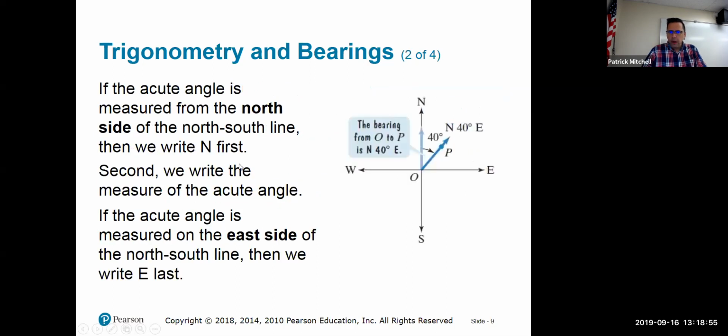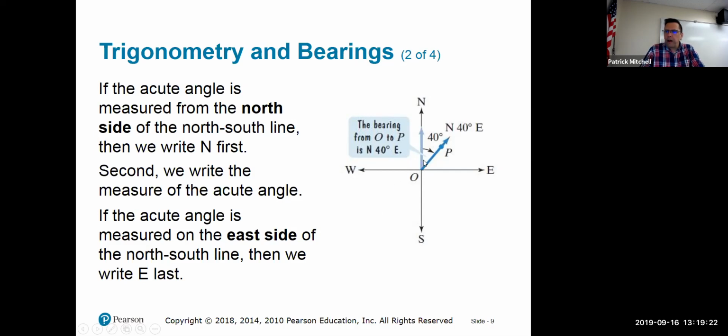Let's say we're trying to find the bearing from point O to point P. The way bearings work is you start by writing a direction, which is either north or south. In this case, point P is located somewhere to the north of point O, so we start by saying north.